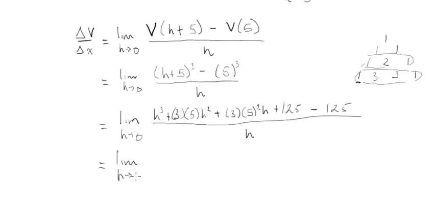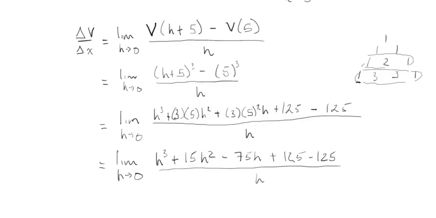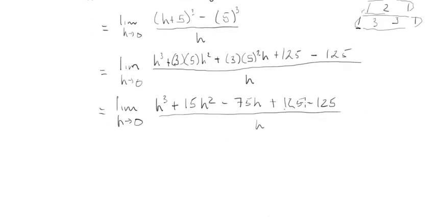So the limit as h goes to 0 of h cubed plus 15h squared plus 75h plus 125 minus 125, all divided by h. The 125 and the minus 125 will cancel out.